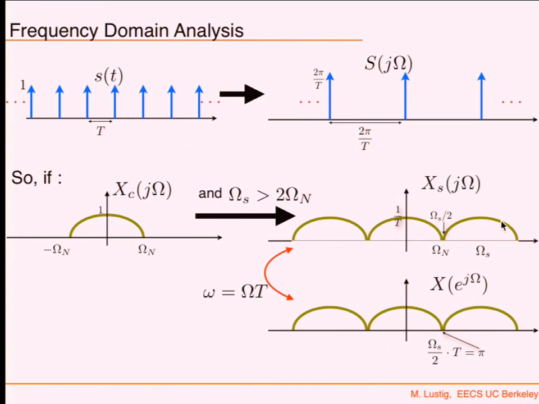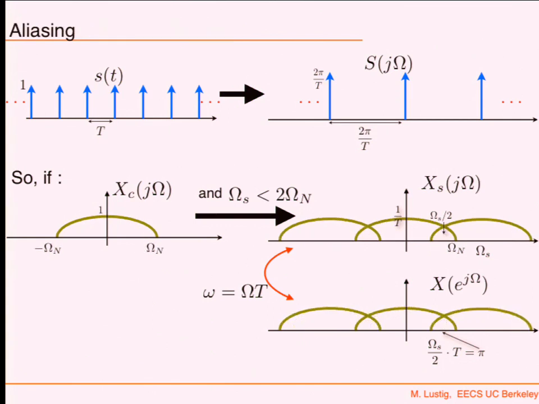But I don't see the case where omega s is smaller than 2 omega N over here, because nobody's sitting on anybody's lap. Yet. Because if that would have happened, if omega sub s is smaller than 2 omega sub N, then you got yourself overlaps between the spectrum of each of these replicas.